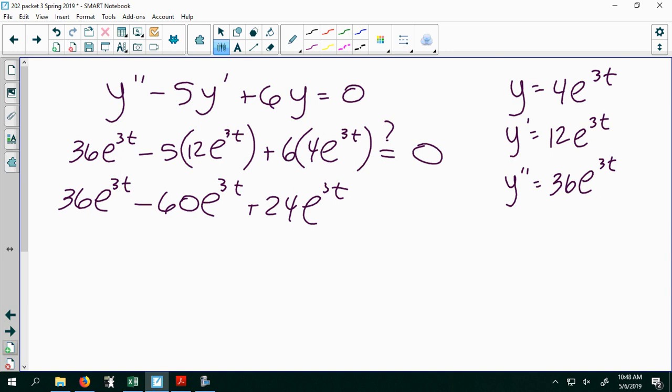Does that add to 0? Yes. 36 plus 24 is positive 60, and then you have a negative 60. So this is 0 e to the 3t. That does equal 0. So that means that that function y equals 4e to the 3t is a solution.